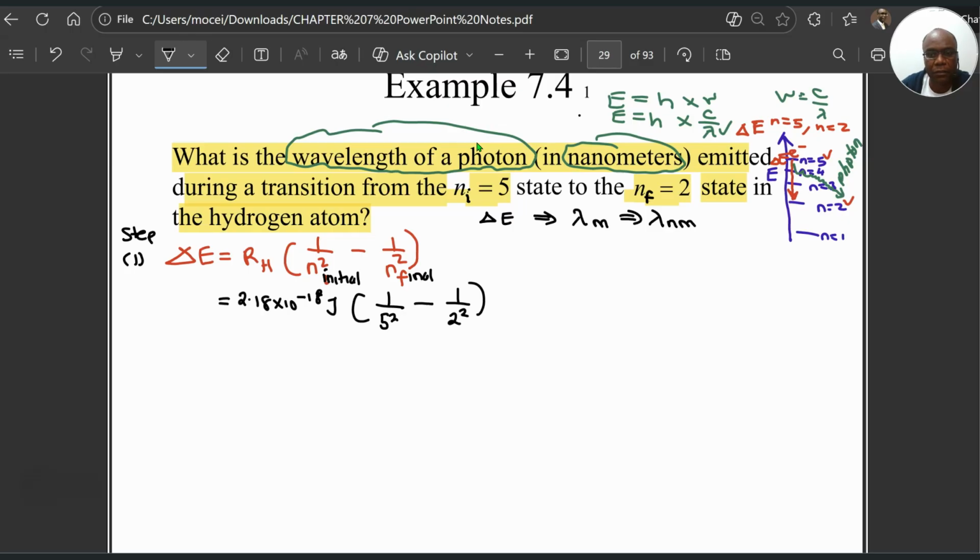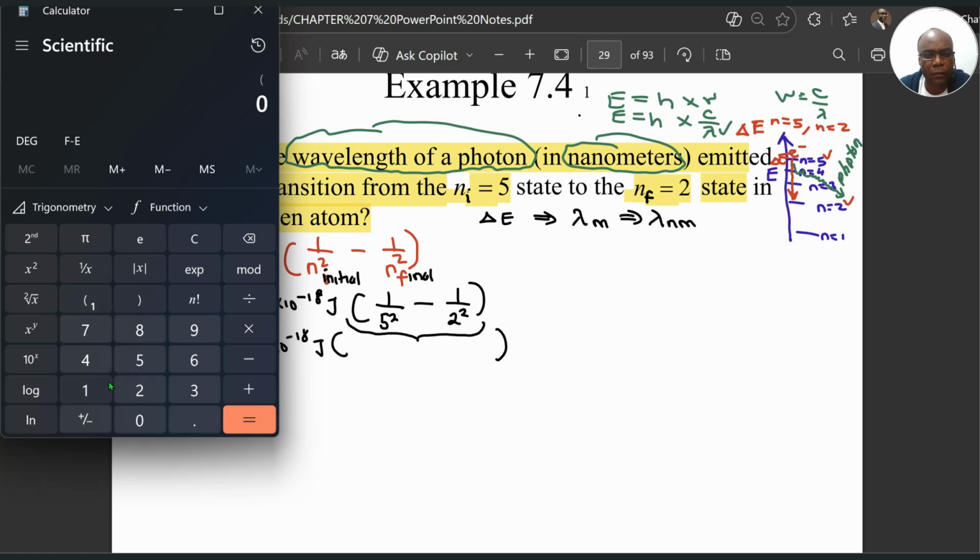I'll first do what is in the parentheses. This is where your calculator skills will help you. So 1 divided by 5 squared minus parentheses 1 divided by 2 squared.